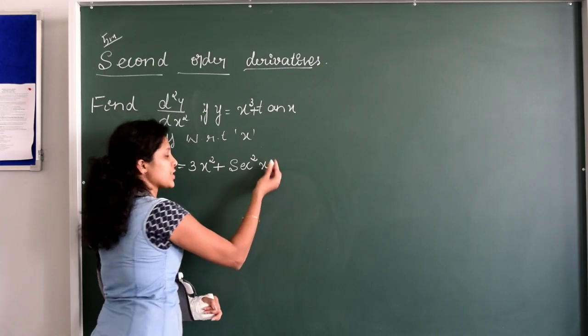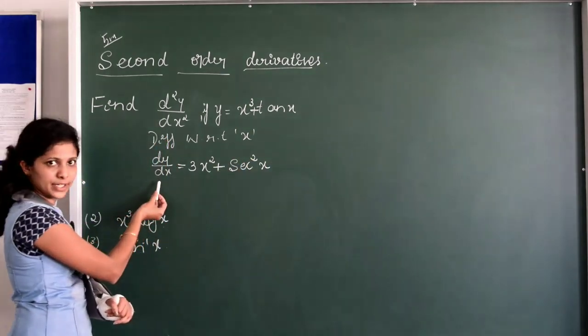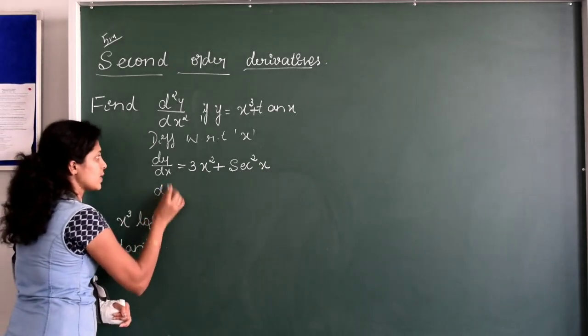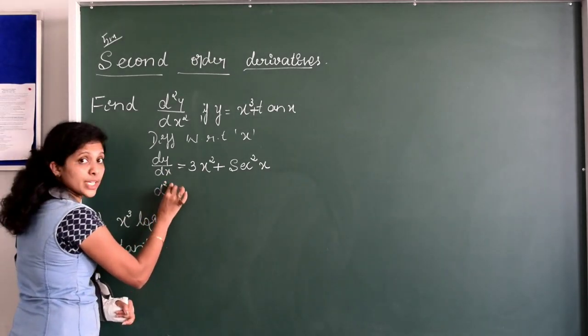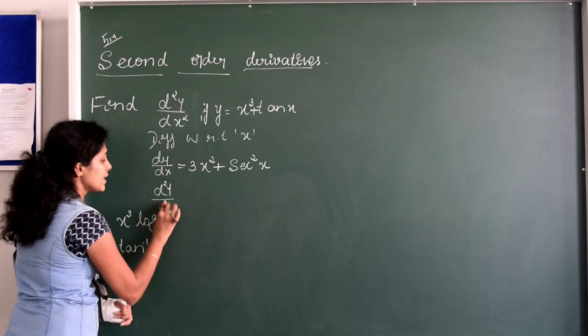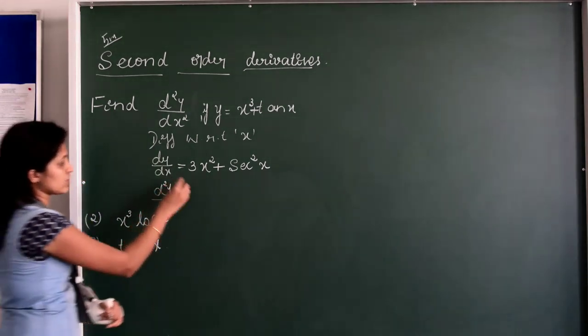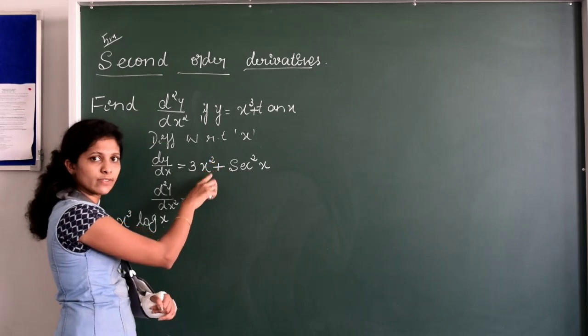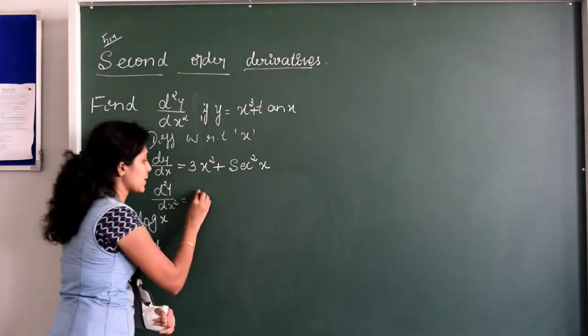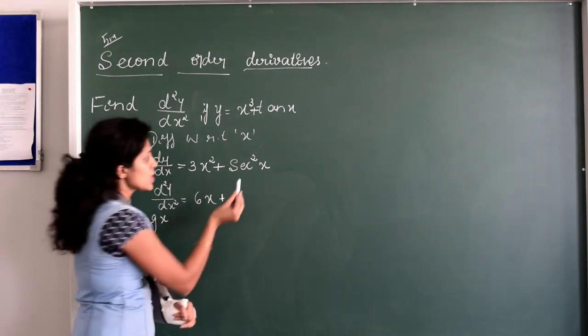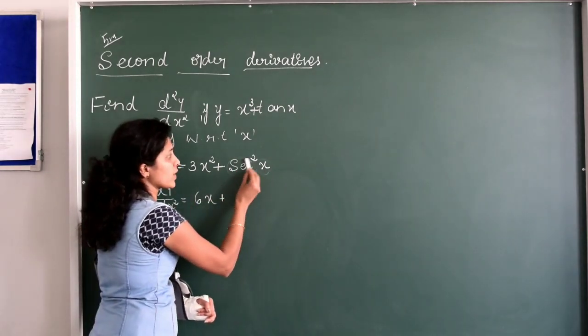So now we differentiated the function once, we got dy by dx. Now you have to differentiate the function again. So derivative of this one directly I will write here. This is now d square y divided by dx square. Is it clear? We are differentiating. So 3 into derivative of x square will be 2x. So 3 into 2x will be equal to 6x. Plus you have to differentiate this one. So now it's of the form x square, right?